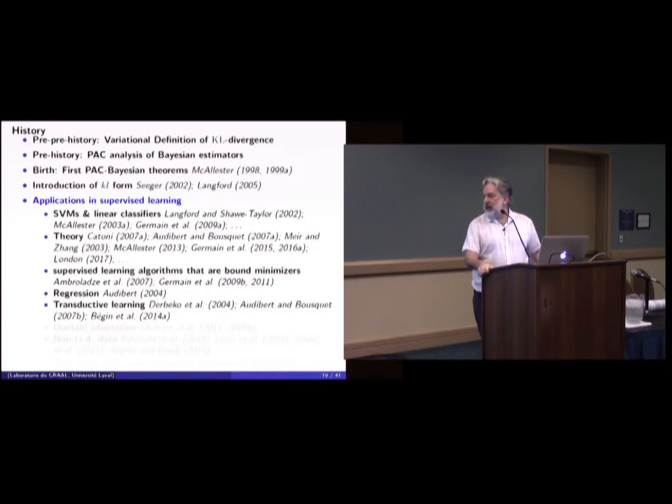If I have time, I will give you some examples about that. But also domain adaptation. Domain adaptation is something that is quite difficult to handle. So what we do with Germain and others is try first to make a PAC-Bayesian bound and then try to minimize it. And so we can organize what we should do in such a situation.